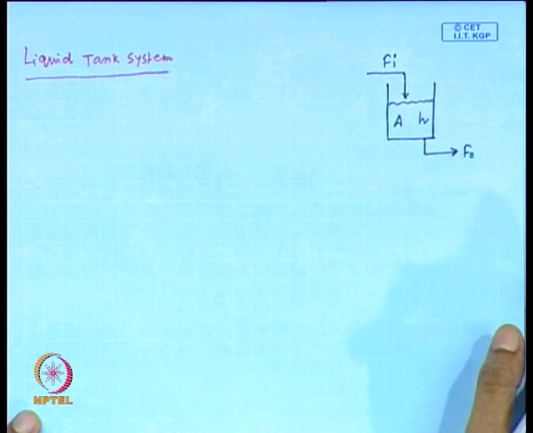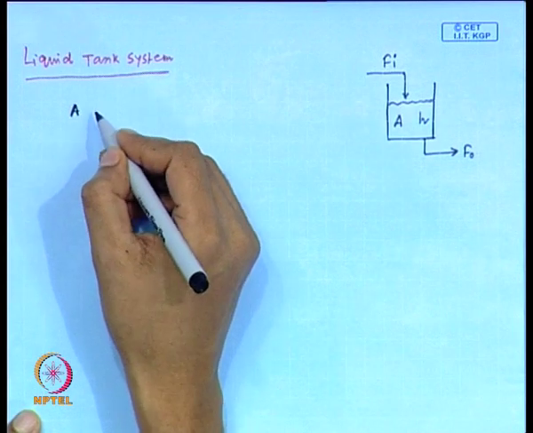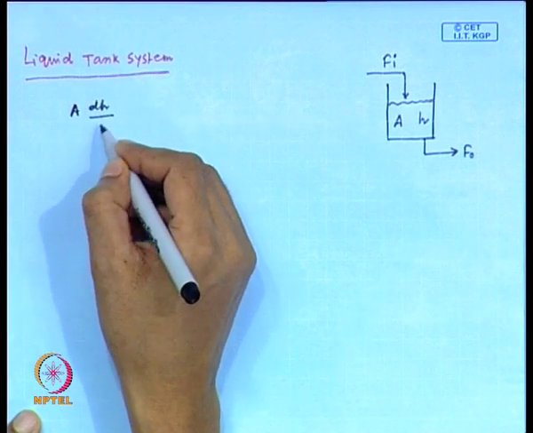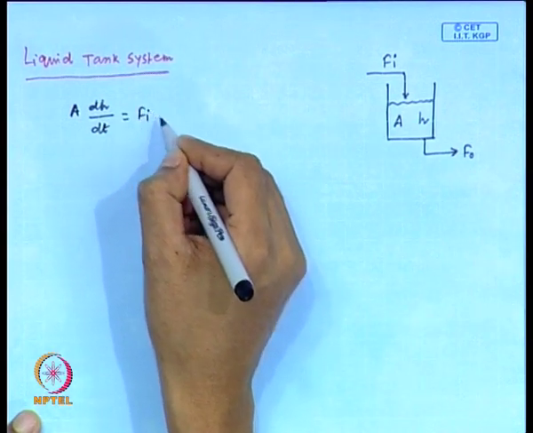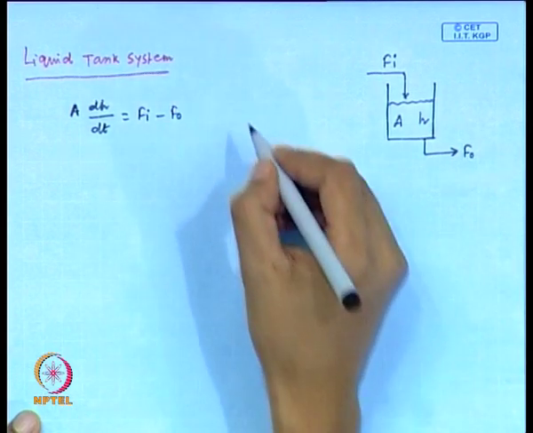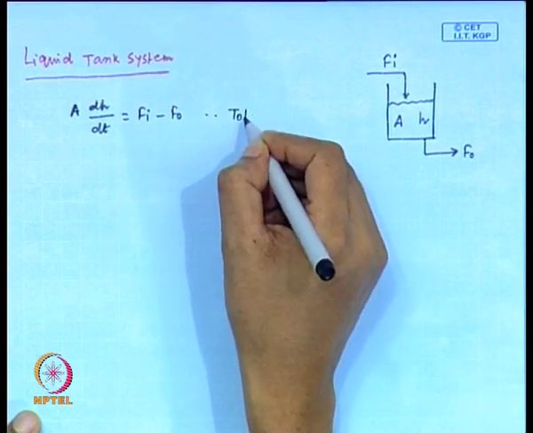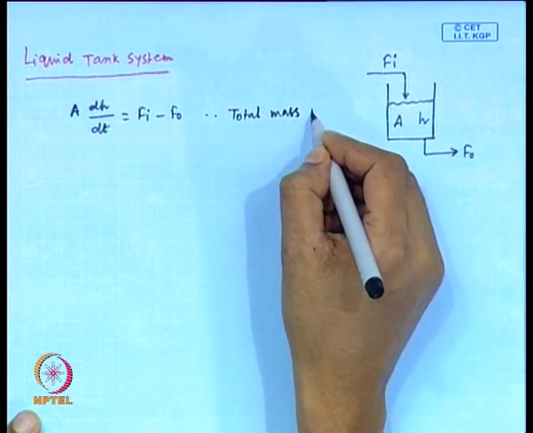We have derived earlier the modeling equation for this system. The modeling equation is A dH/dt equals F I minus F naught. This equation we can derive based on total mass balance.